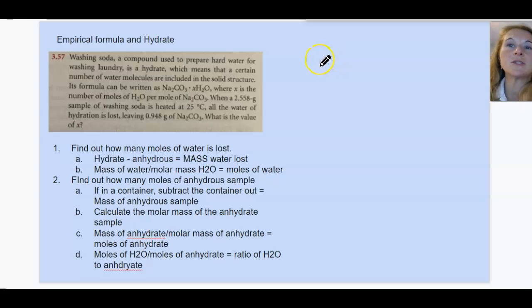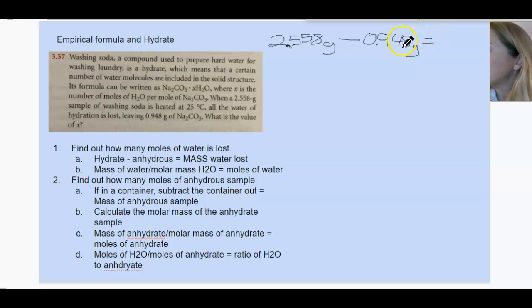So the first thing we need to do is figure out how much water we have lost. So we take our mass of our hydrate, which is 2.58 grams, and we subtract our dry sample, or anhydrous, 0.948 grams.